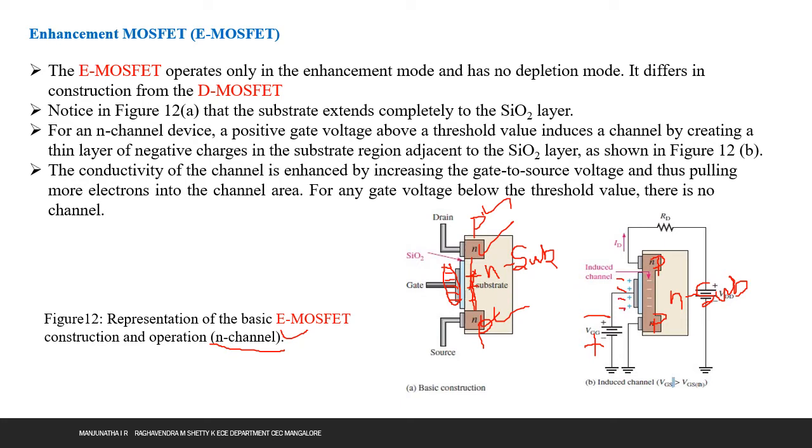It's a completely reverse process. Because of these negative charges accumulated at one side of the silicon dioxide layer, these negative charges are trying to attract the positive charges, the P types.